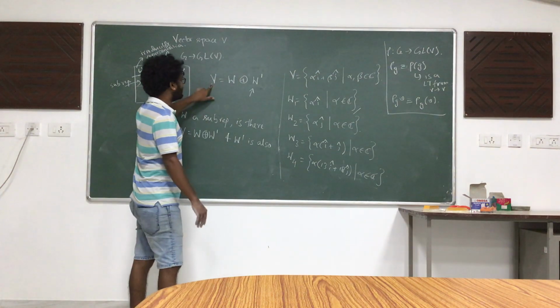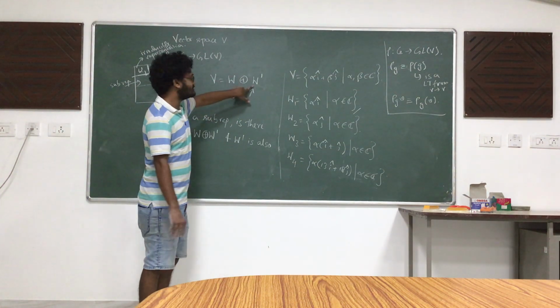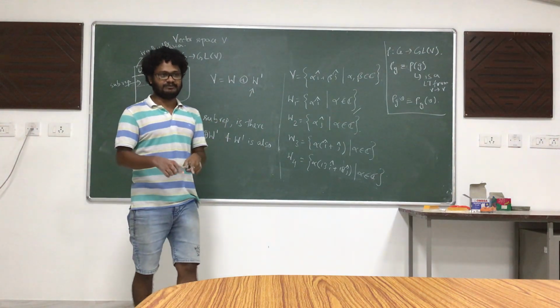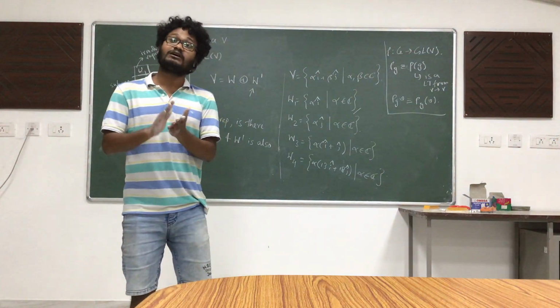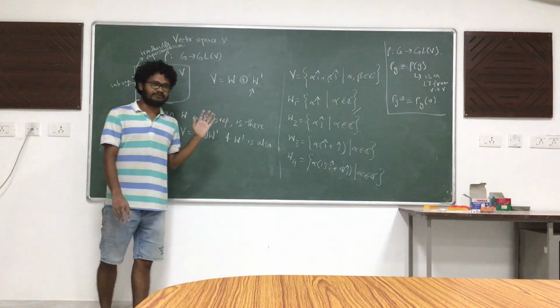So V will be called completely reducible if we can find two subspaces such that both of them are subrepresentations, then V will be called completely reducible. Otherwise, it is not completely reducible.